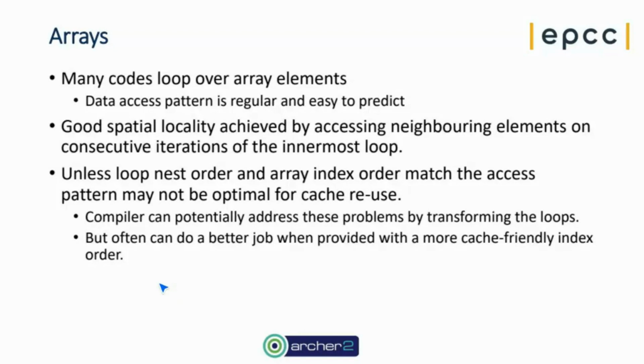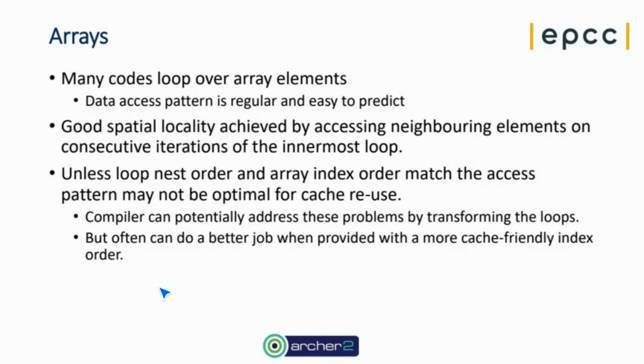Typical code will contain loops over array elements where the data access pattern is regular and predictable, and we can get good spatial locality by accessing neighboring elements of the array on consecutive iterations of the innermost loop. Because what does that achieve?